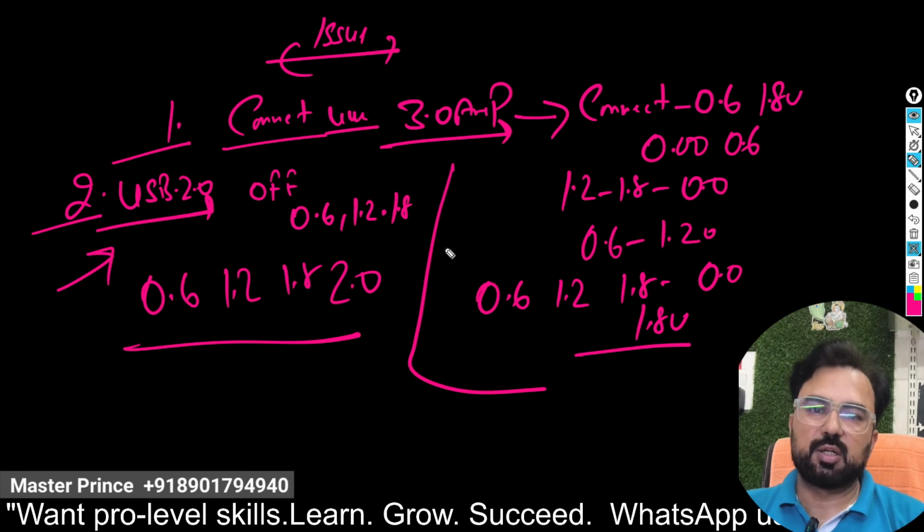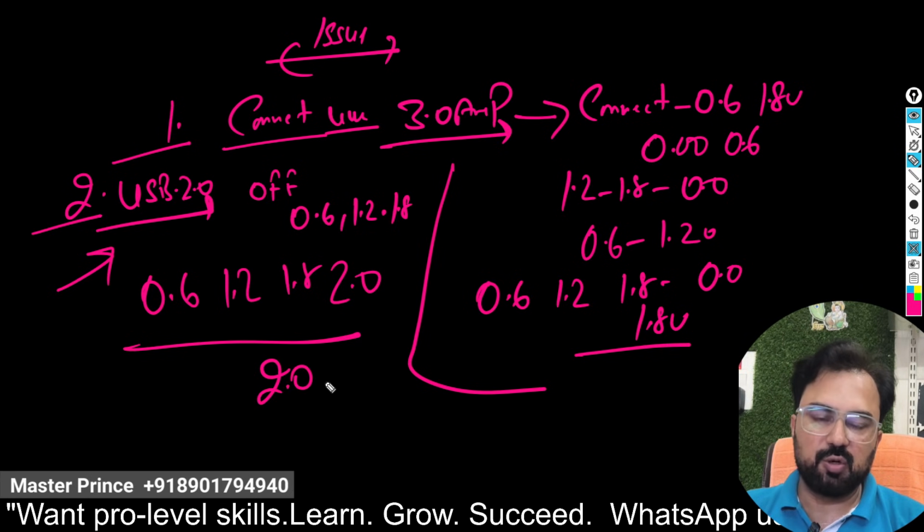Because the customer uses the company-provided fast charger, and the fast charger switches from 2.0 ampere to 3.0 ampere, and also from 5 volt to 9 volt to 12 volt.